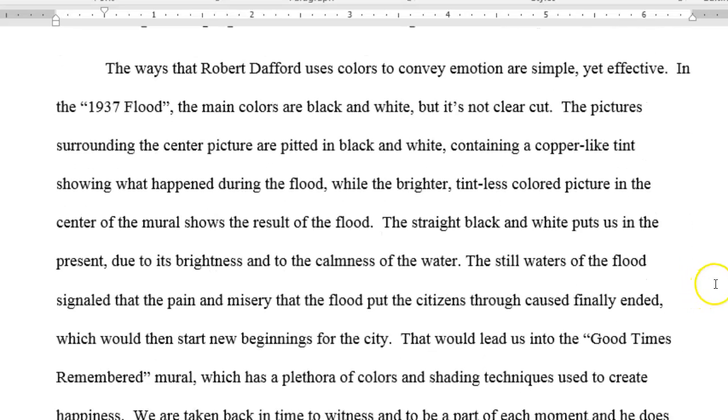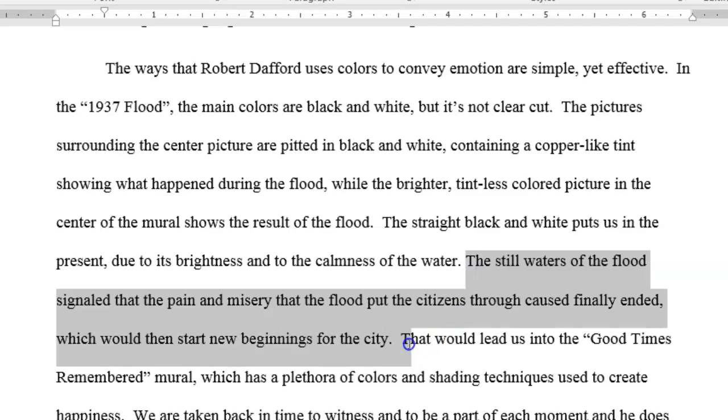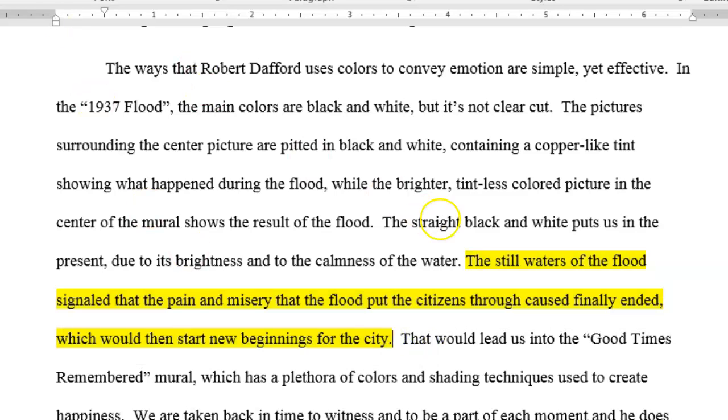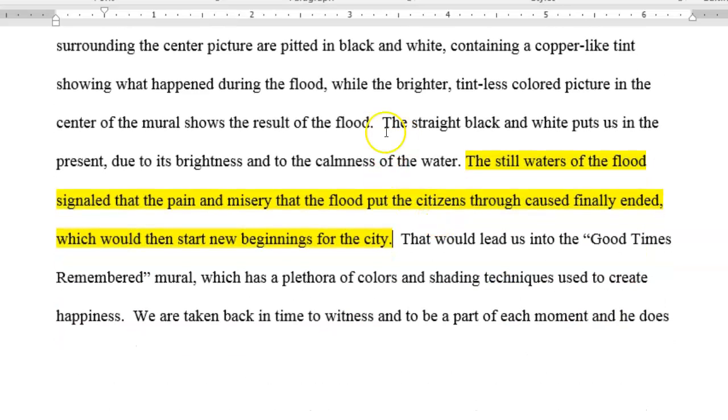There's one place where I thought you did a good job of bringing me back to the overall point. I just want to highlight this as something to do throughout your essay. So you give me some good details, and you do an excellent job of describing things, and then you have the sentence afterwards: the still waters of the flood signaled that the pain and misery that the flood put the citizens through finally ended, which would then start new beginnings for the city.